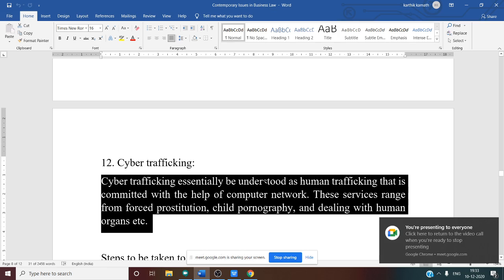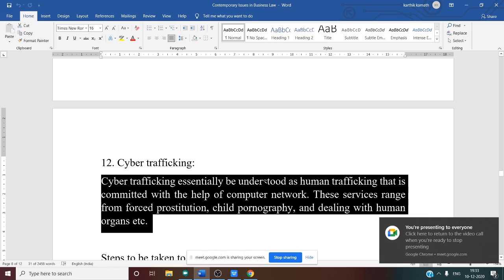If you are using a computer to promote prostitution activities, or to promote child pornography, or to deal in human organs, that too illegal in nature, suppose a kidney racket and all. All these things come under cyber trafficking. So these 12 points are covered under this one.